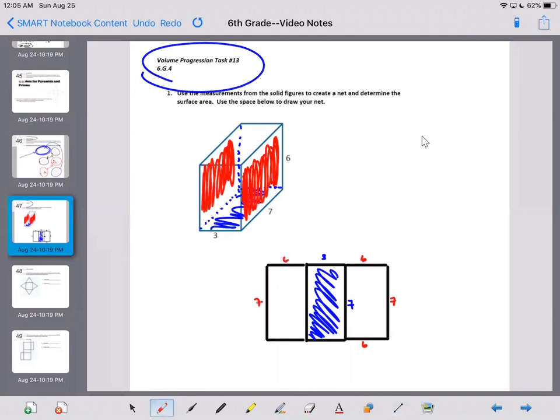And I don't have my exact measurement, so it might appear to be different, but I'm labeling them so you know that there's going to be 6x7s. And so you see that on the net, and then here on the 3D, you can see the 2 sides that are red, so you can see them here as well. So I've got 3 sides, and I need to see 6 sides.